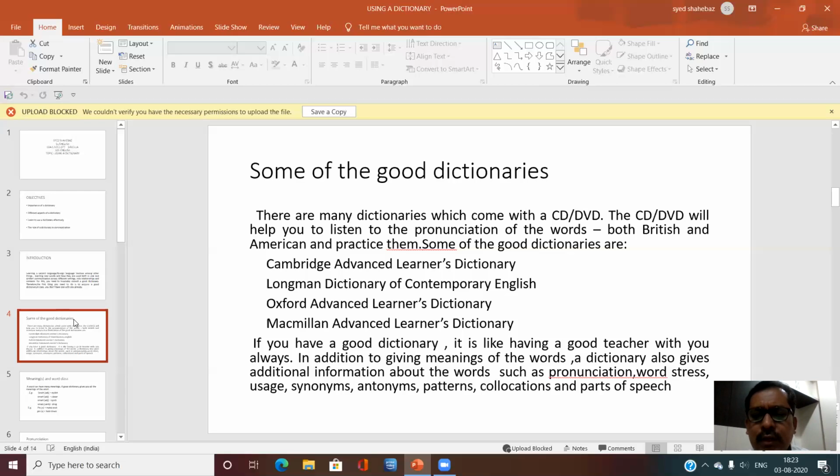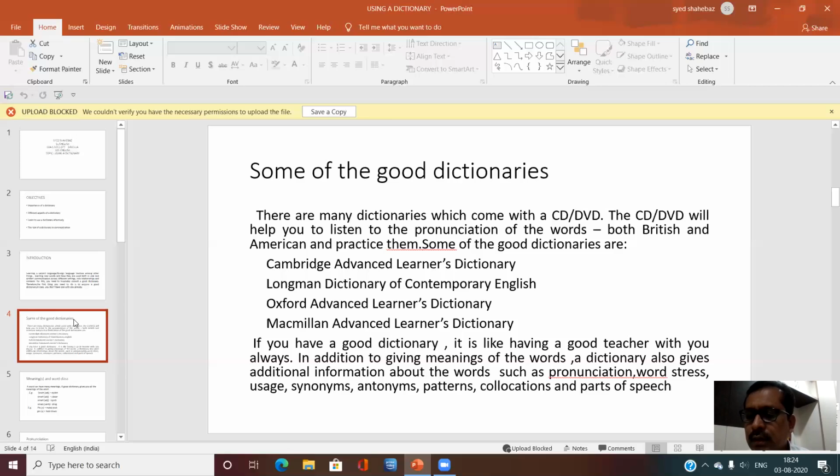In addition to giving meanings, basically, the dictionary gives meanings of different words. Most people refer to a dictionary to know the meaning of a particular word. If you want to know the meaning of a particular word, you have to know the correct spelling of the word. Otherwise, you cannot trace that word in the dictionary.